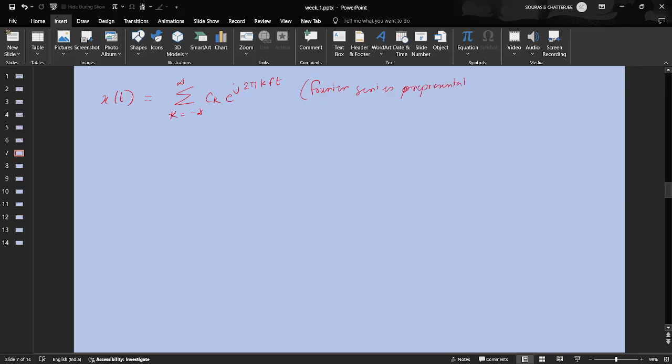Now this is where the frequency domain representation, or the spectrum, comes into the picture.